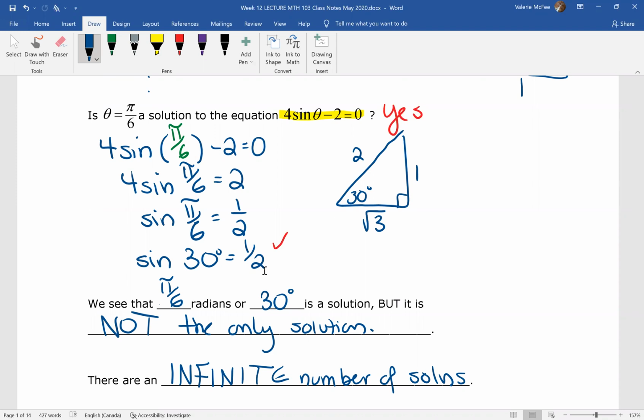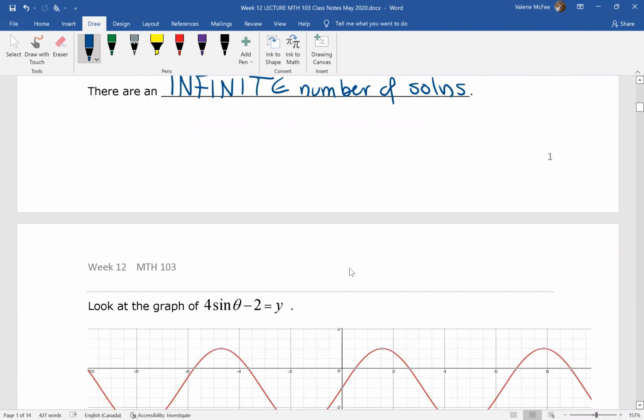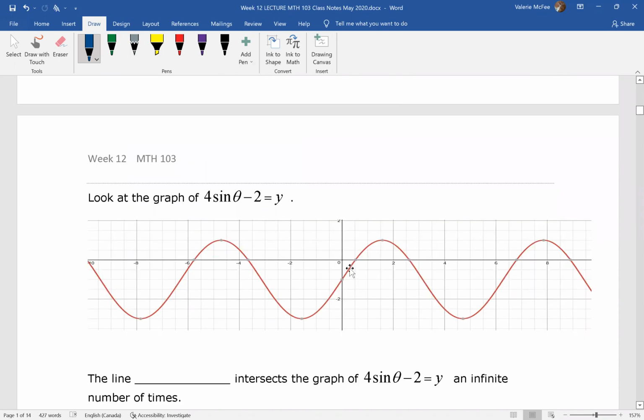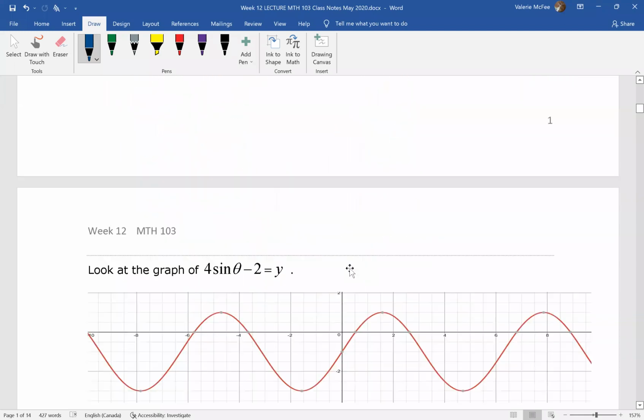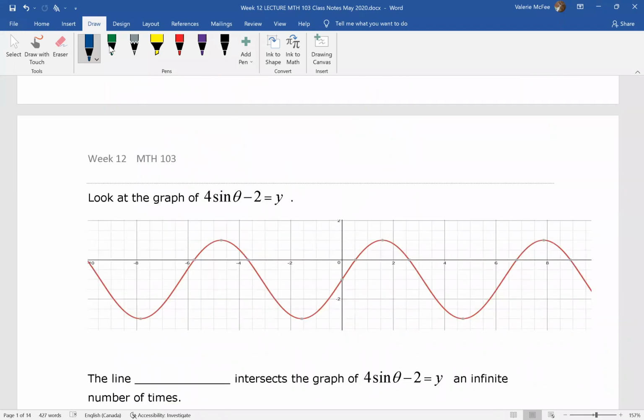If we look at the graph, 4 sine theta minus 2 equals y. Now let's go back and look at that equation for a moment here. We had 4 sine theta minus 2 equals 0. You can see that all we did for our equation was let y equal 0. Whenever we're letting y equal 0, we know that we're finding the x-intercepts.